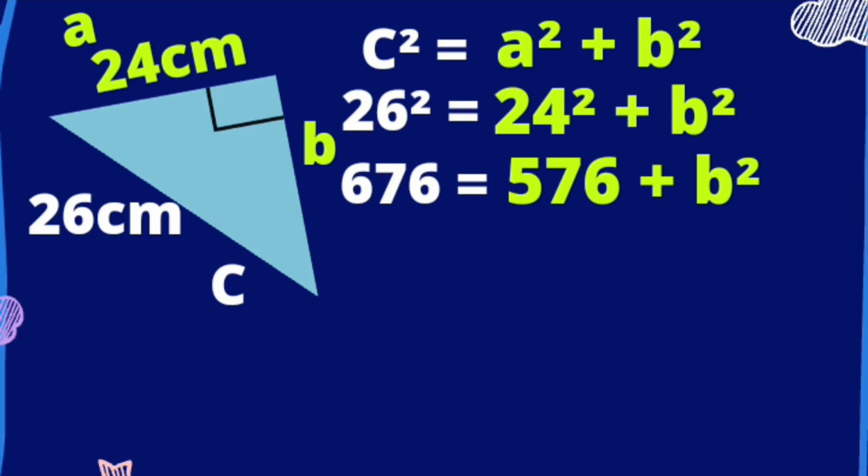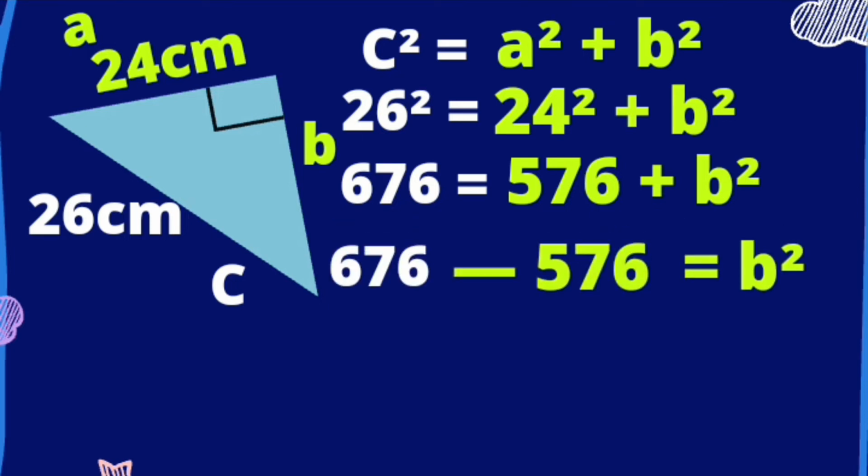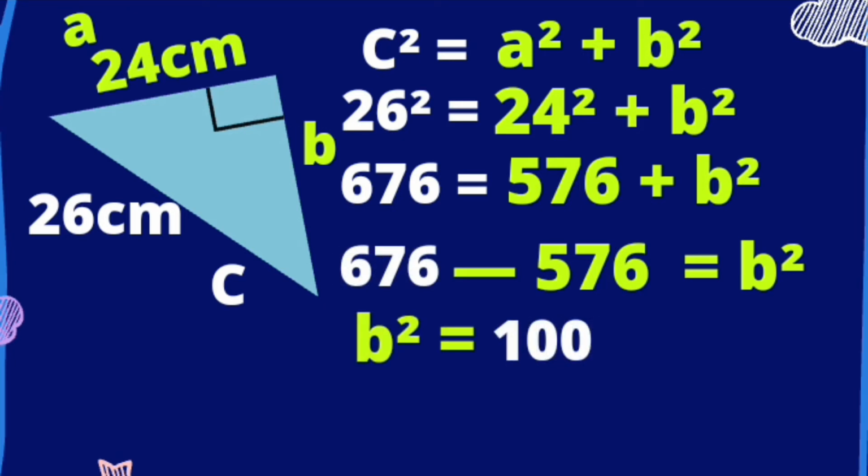And to do that, you have to take 576 down to the left side of the equal sign. If we do that, we would have 676 minus 576 is equal to B squared. 676 minus 576 is equal to 100, and so we'll have B squared equal to 100.